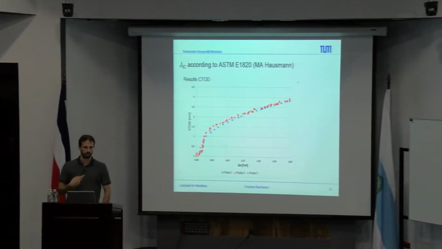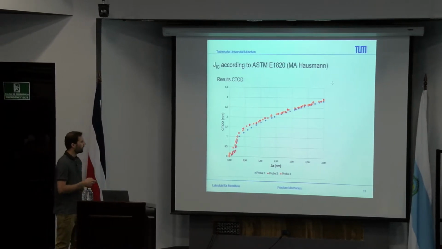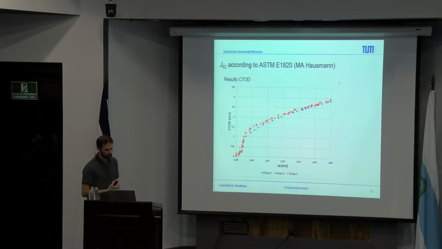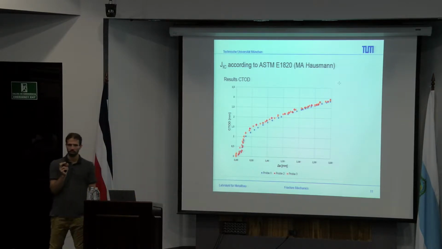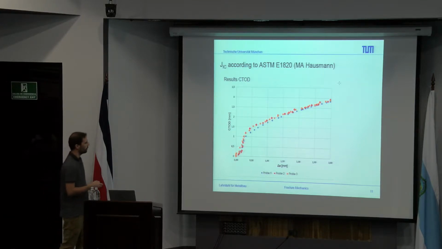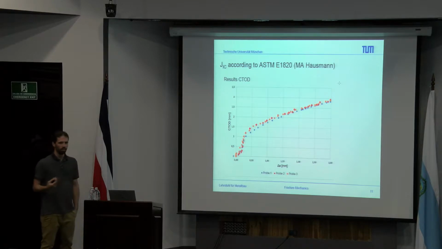You have the crack tip opening displacement, and at the end you can measure it just by some small gauges which you apply onto your specimen. And due to this, you can measure the CTOD.